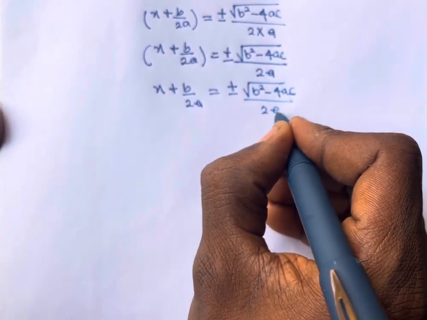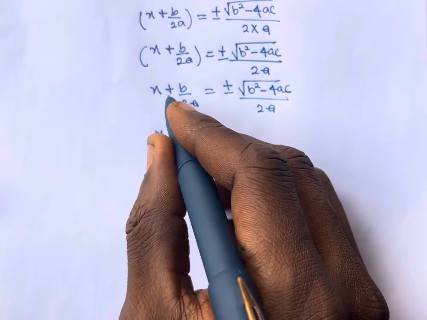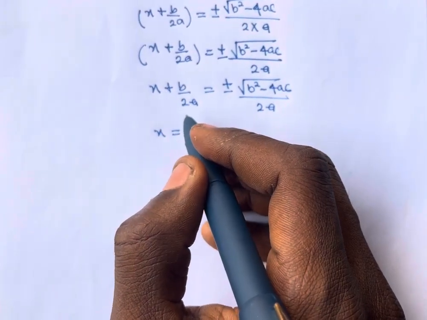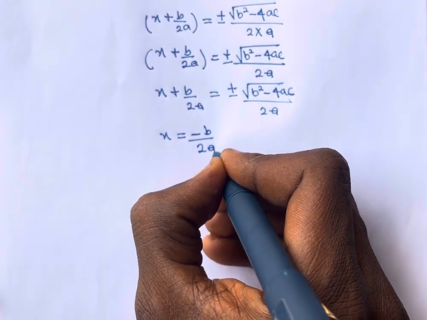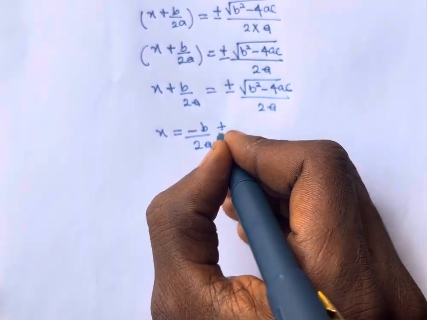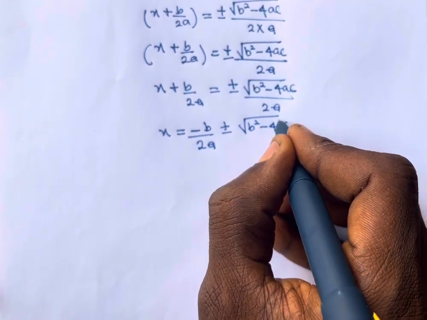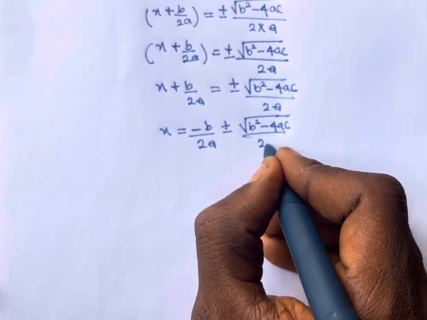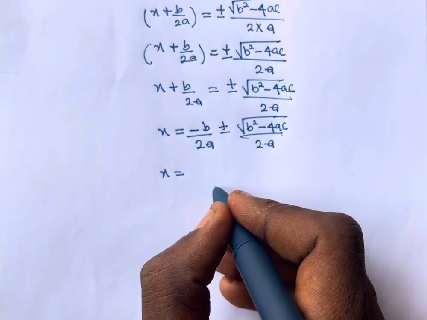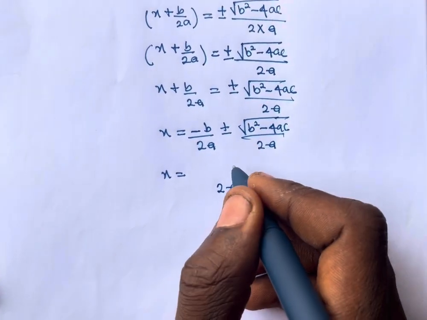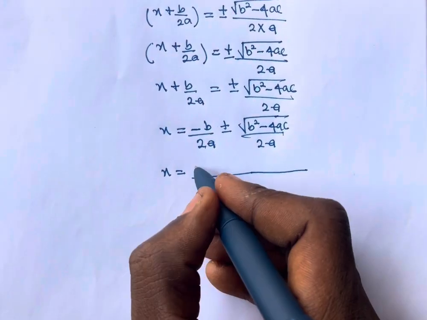Then we have x is equal to minus, when we transfer this plus b over 2a to this side, we have minus b all over 2a plus or minus the square root of b squared minus 4ac divided by 2a. To simplify this, we have to find the LCM. We have 2a, into here we have 1.